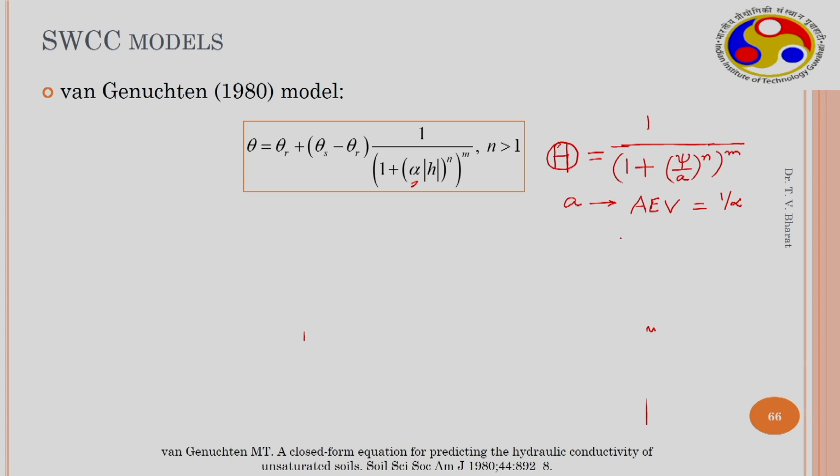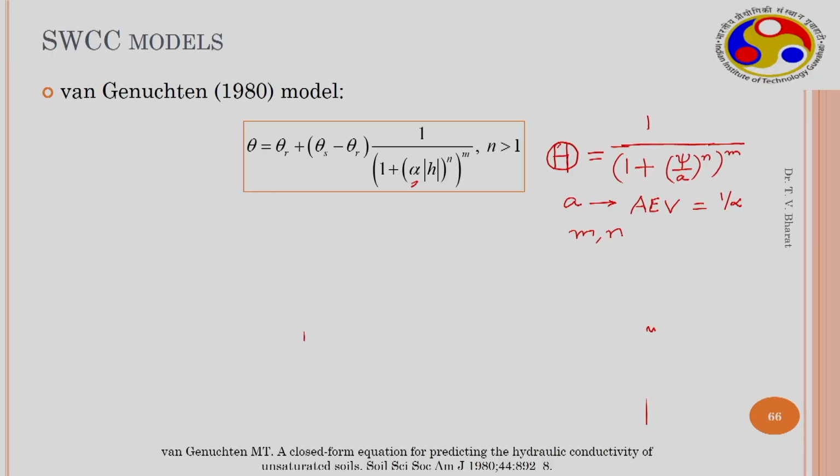Often it is shown on several soils, and using modeling also, that a is not equal to the air entry value, but is related to it. When you have a large air entry value, the a value is higher, and when you have a smaller air entry value for a given soil, a is small. So qualitatively these two can be related, however they are not quantitatively equal.